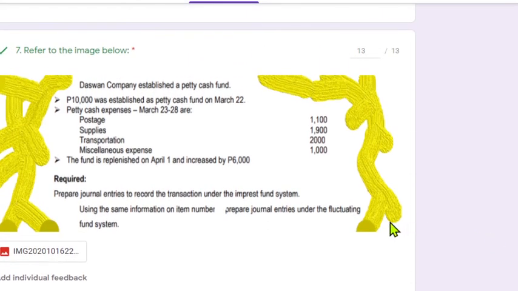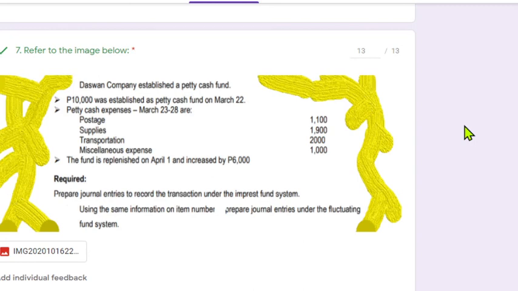Okay, let's go with the journal entries under the Imprest Fund System. It is better kung chine-check mo muna, hawak mo yung mismong sagot mo while you are viewing this video para mas madali mong maintindihan because I will not be flashing yung answer key nito. Ididikta ko lang siya. So, let's go. Dahil konti lang naman siya.